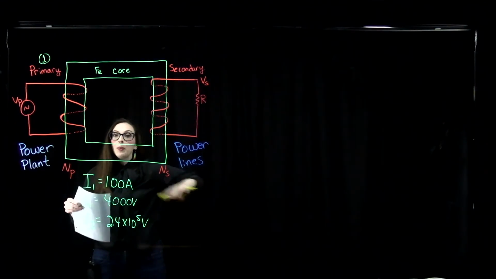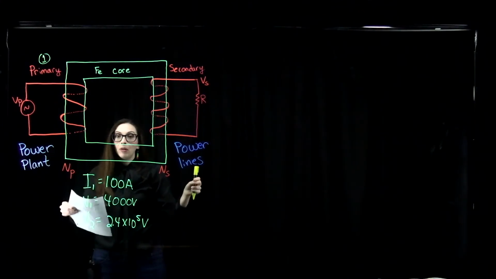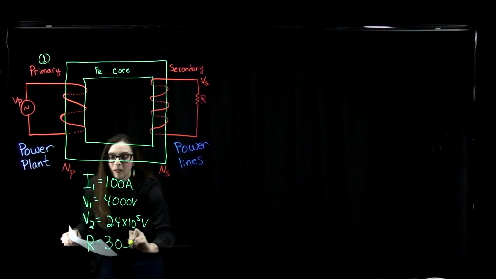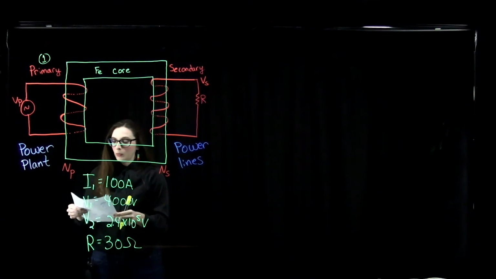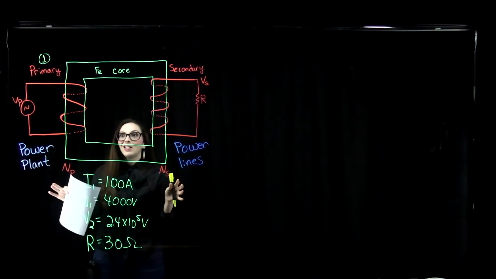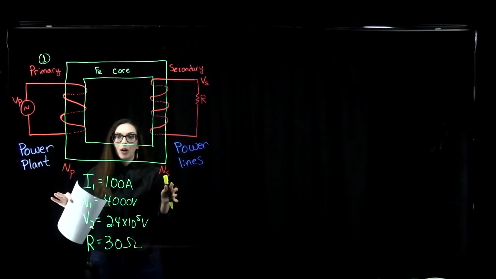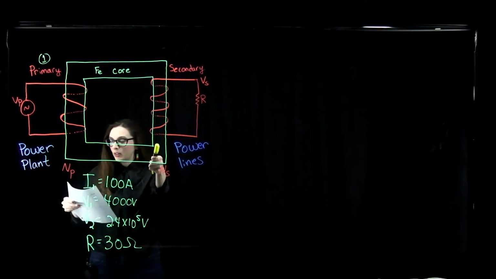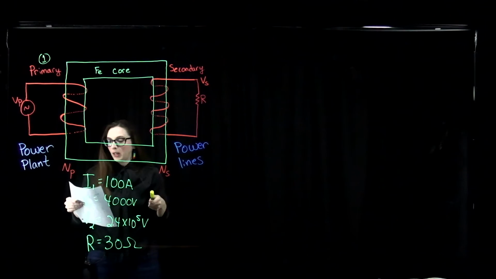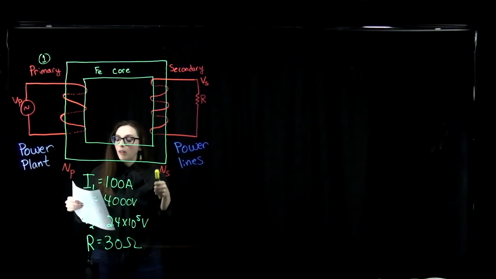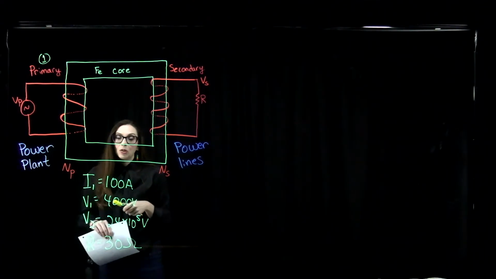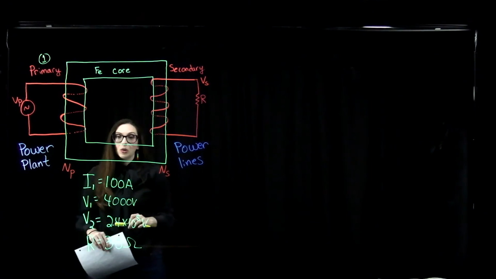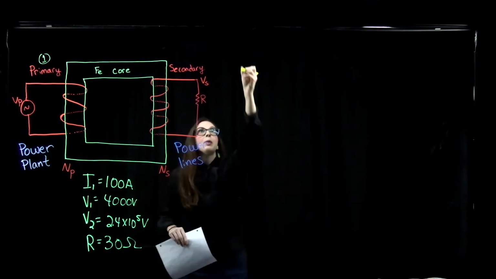We're going to assume that the effective resistance of the power lines altogether is 30 ohms, and that our transformers are ideal. So that means we don't lose any power. That means that the power input over here equals the power output over here. We have to determine the percentage of power that we lose in the transmission lines themselves through this process. So that's part A.